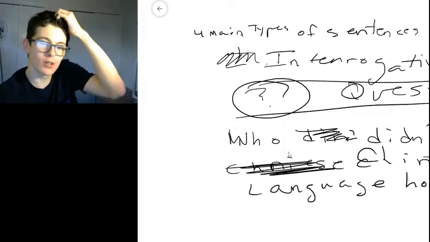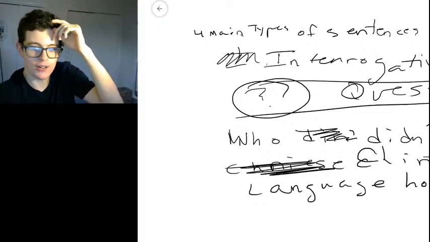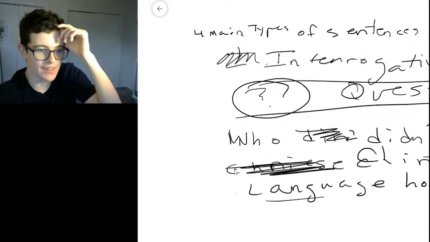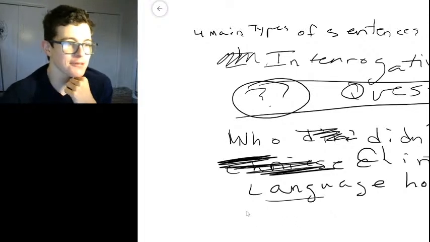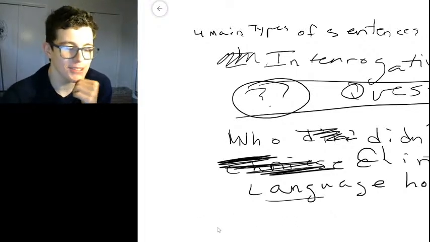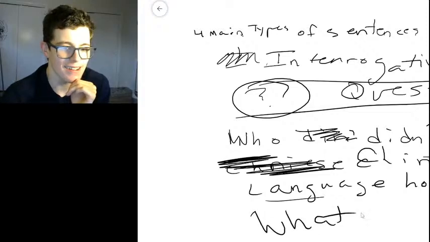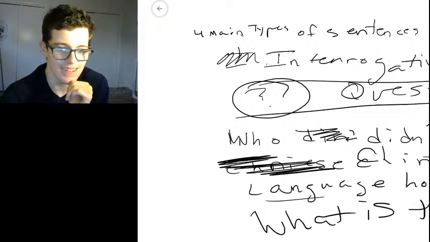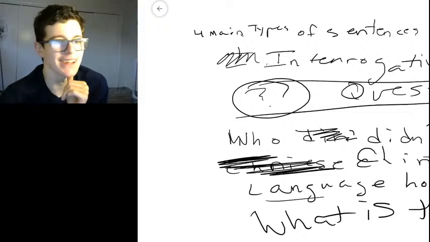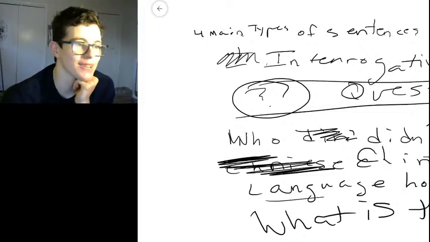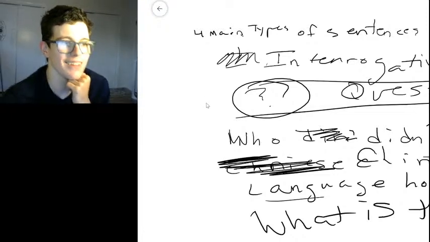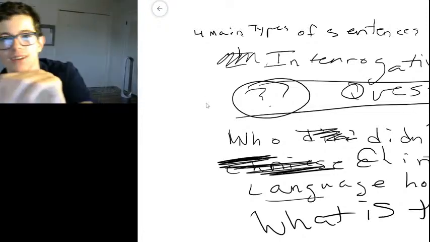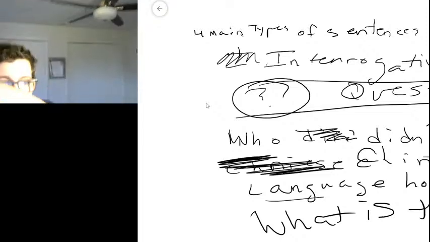So notice the question mark at the end and the question word in the front. Let's think of another simple one. What is that? That's an example of an interrogative sentence. Well, that's just a pen. That would be the answer if someone asked what is that and pointed at a pen.